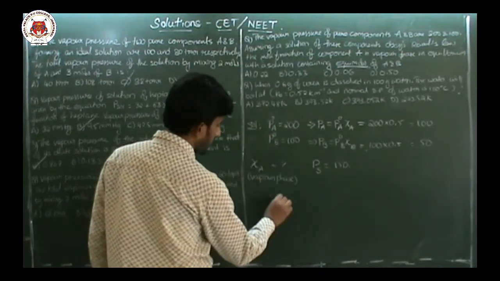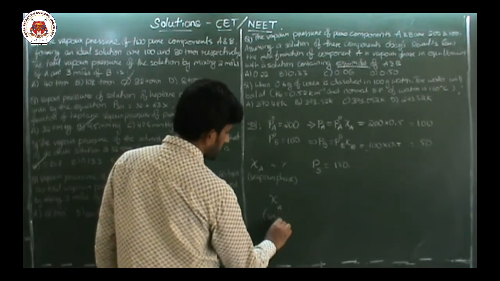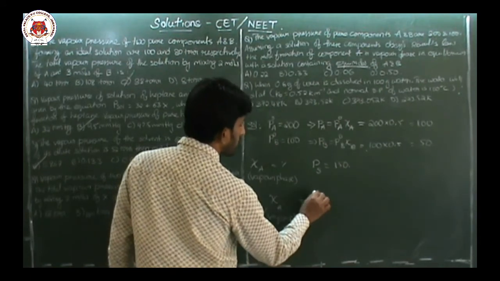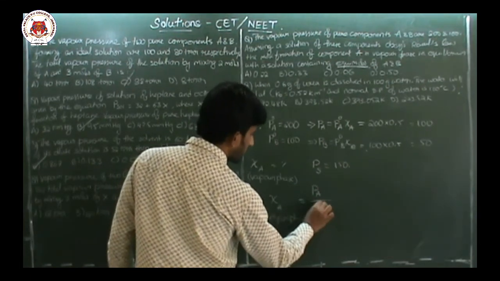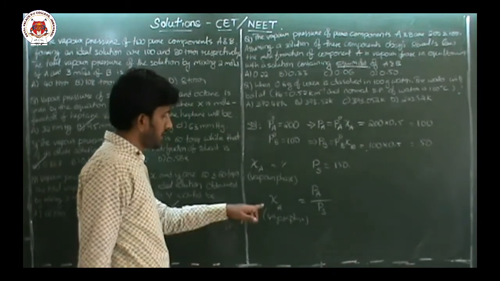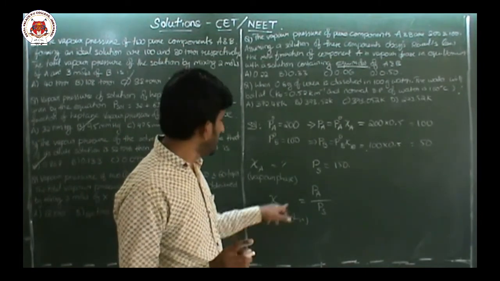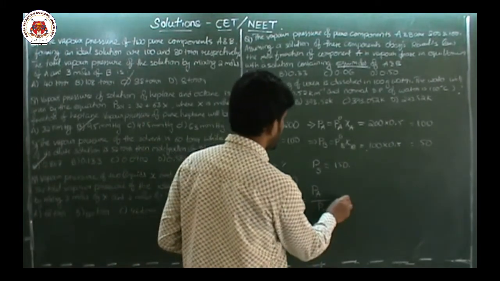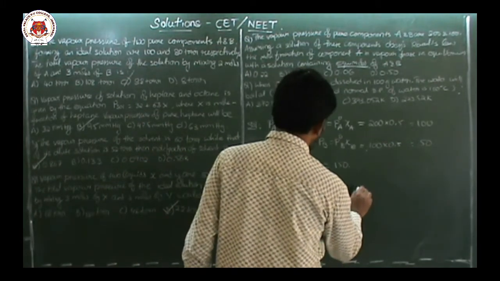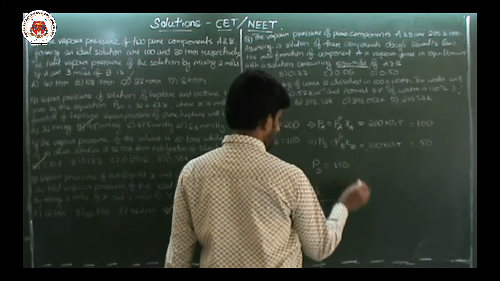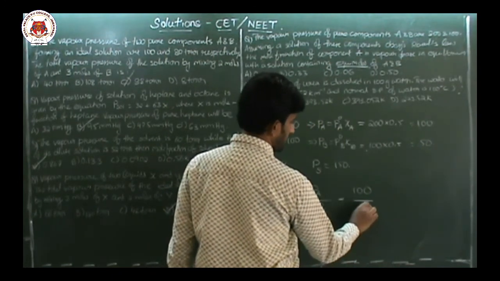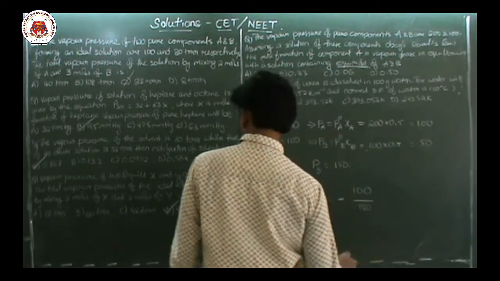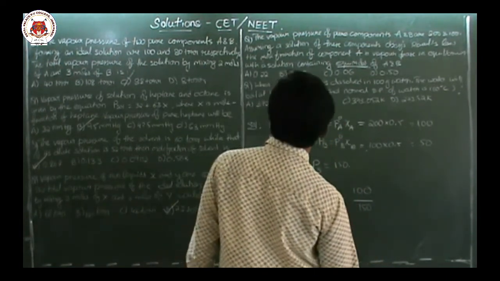Then what will be the mole fraction of A in the vapor phase? Mole fraction of A in vapor phase will be equal to partial pressure of A divided by total pressure. Partial pressure of A is 100 which you got here, divided by total pressure 150.